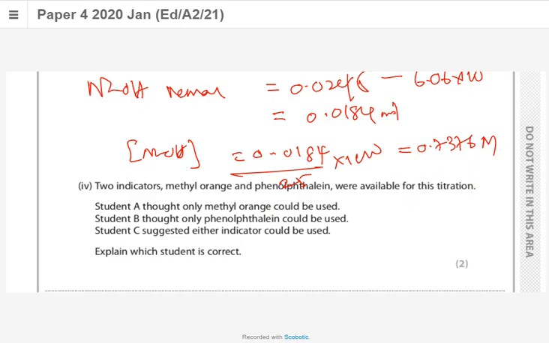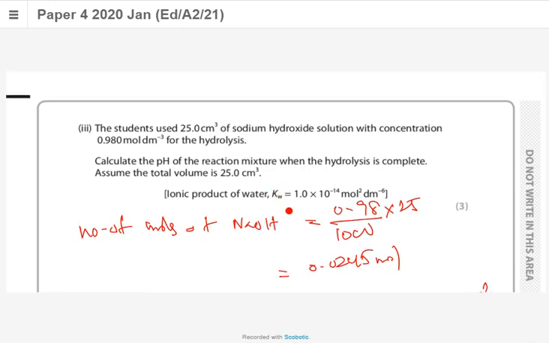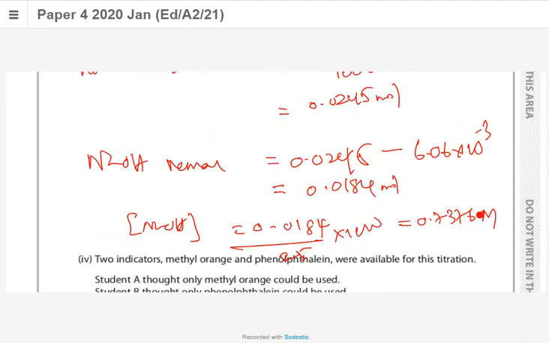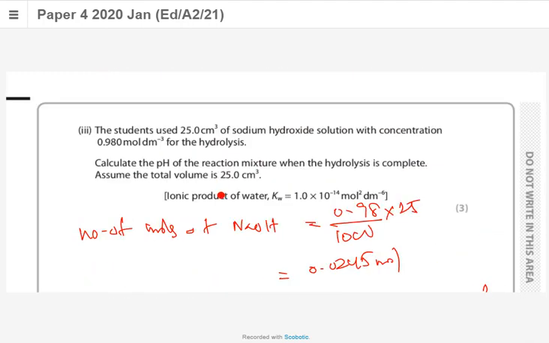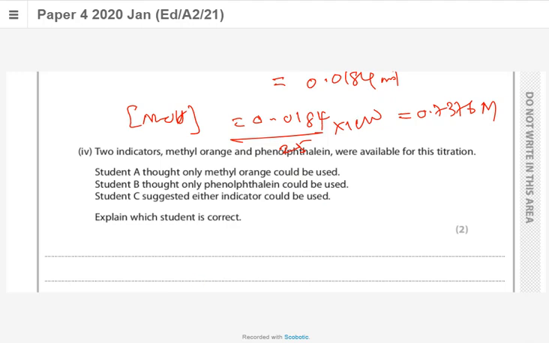Now what you can do is use the pH, pOH. From here onwards, Kw equals H plus times OH minus. We know the OH minus here. Kw is known. You can find H plus. Once you find H plus, you can find the pH. So that can be done, right?